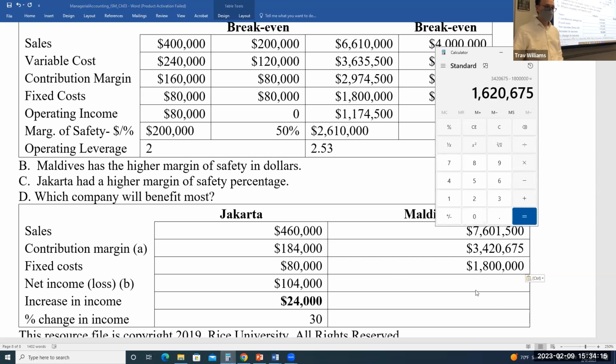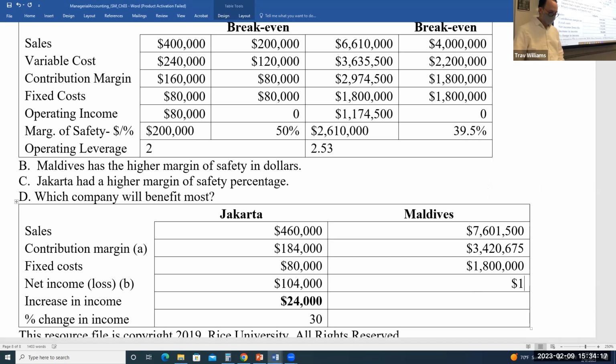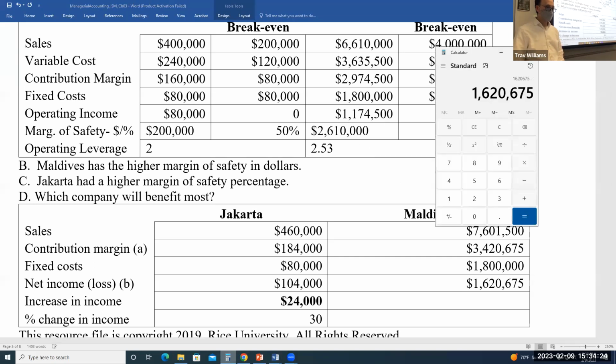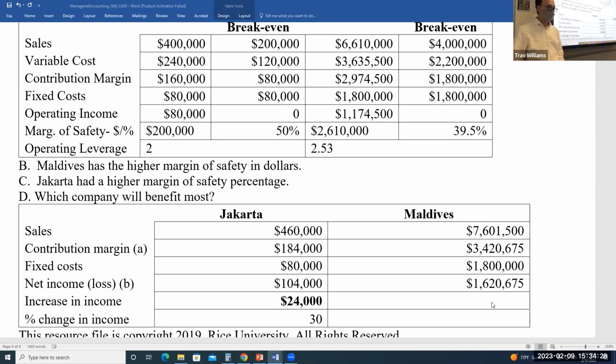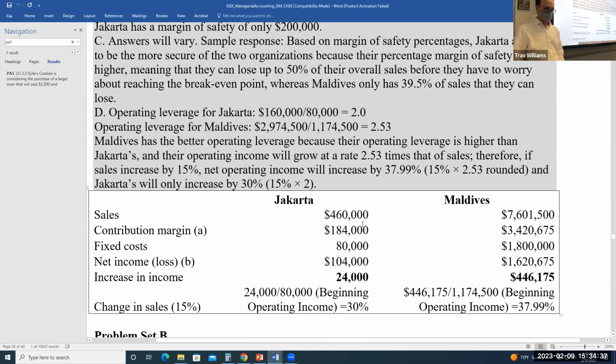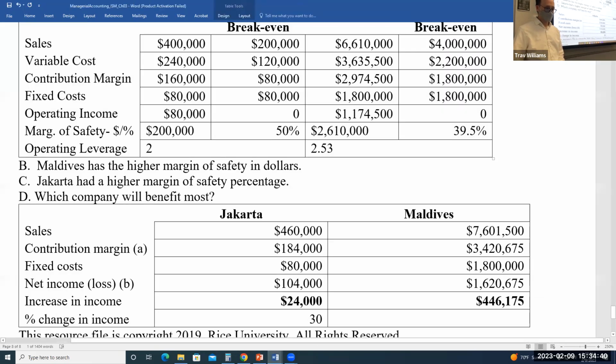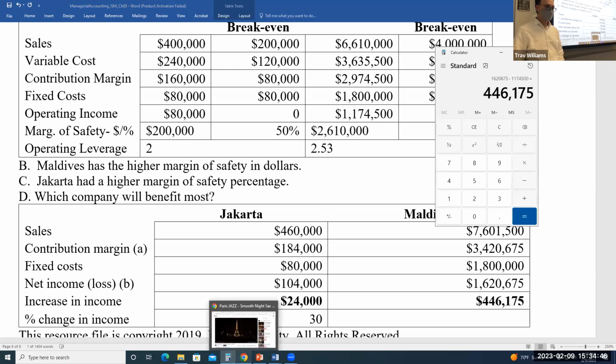We get 1,620,675. Okay, which is an increase in income of 446,175. Right, I subtracted the original income to get that. Make sure that's the right number. Yes, thank goodness. Okay, then last thing we do, we divide that by the original income.